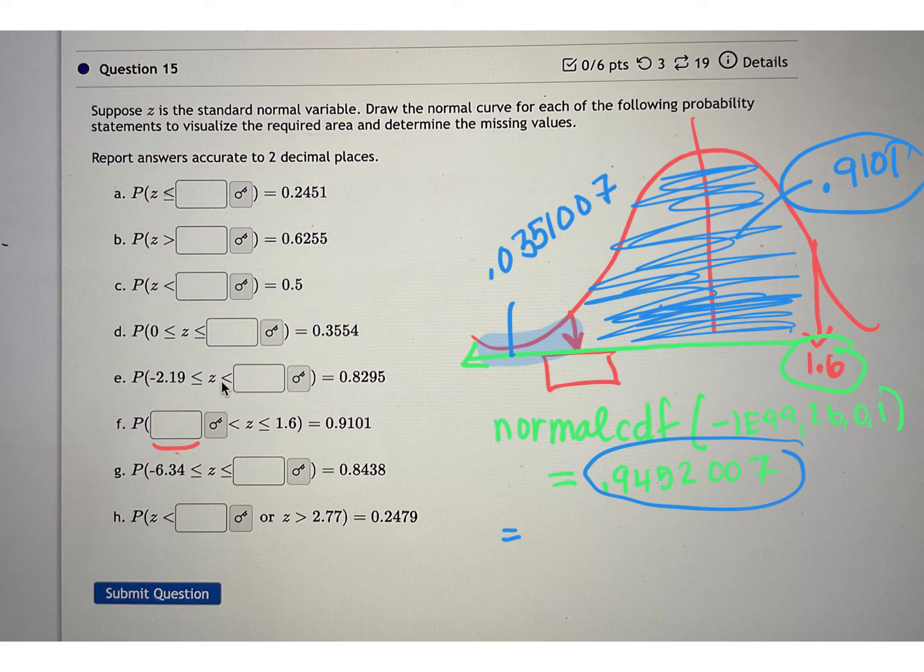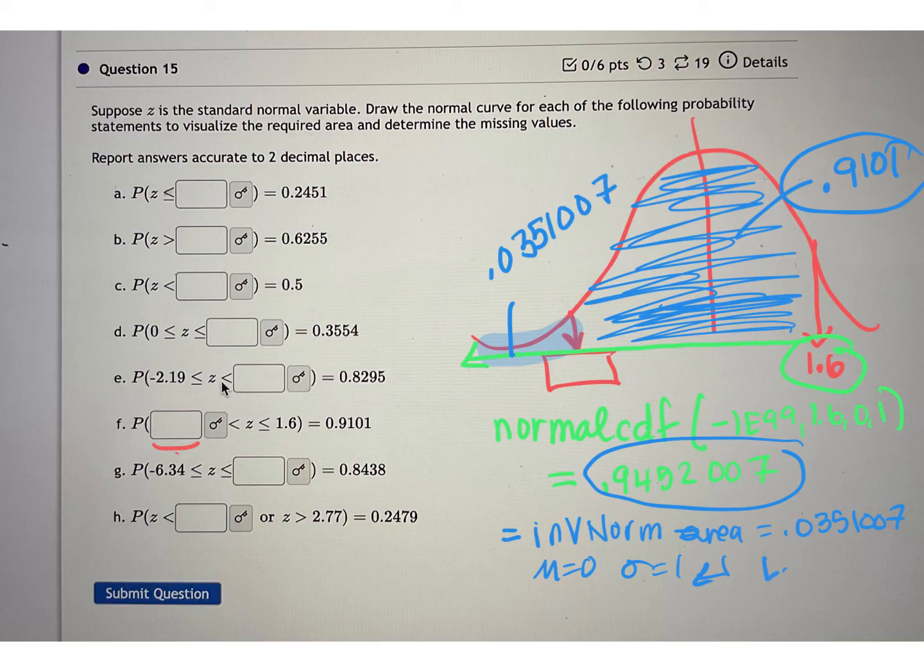Now that I have this area, I can use inverse normal to find this cutoff. So I'm going to go inverse normal. It's going to ask for the area. I'm going to put that area. Mean is 0, standard deviation is 1, and hit enter.